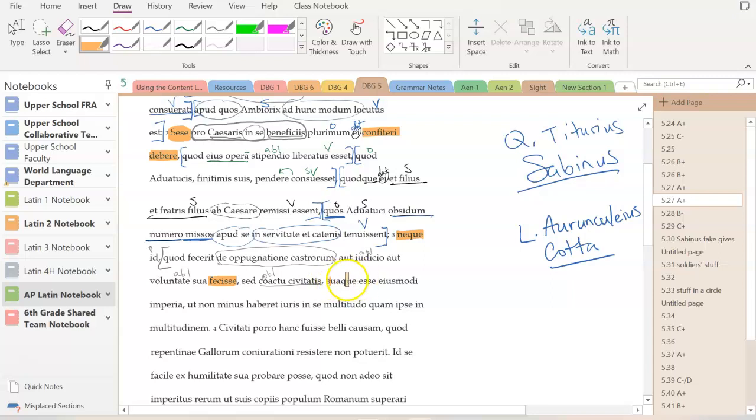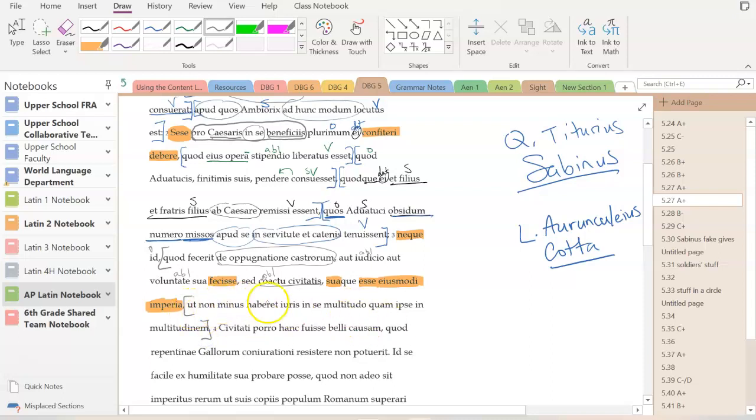And that sua imperia, his own imperia, were kind of like of the sort. That must be a result clause, of the sort that non minus haberet iuris in se multitudo, quam ipse in multitudinem.